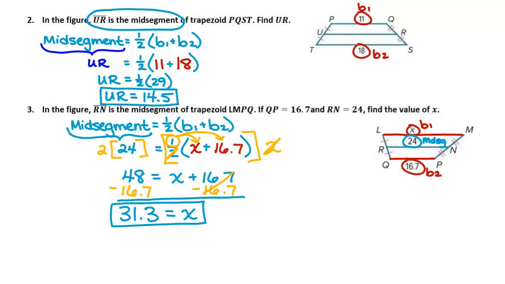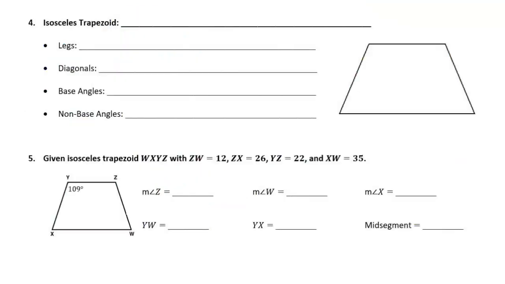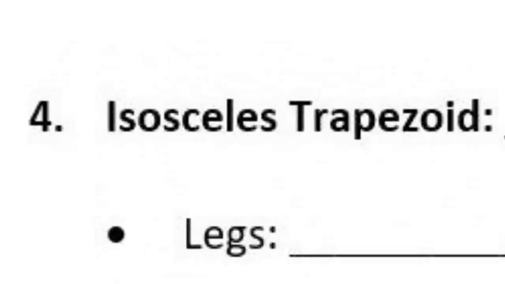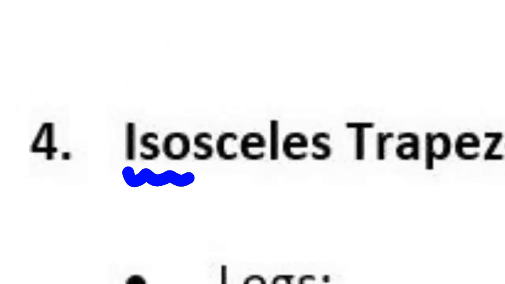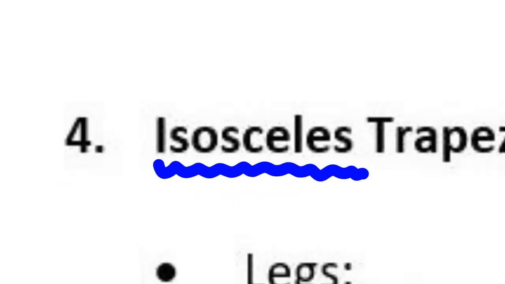Go look at number 4 now. This is a special type of trapezoid. This is an isosceles trapezoid. What is an isosceles triangle? Two of the sides are congruent, yes.